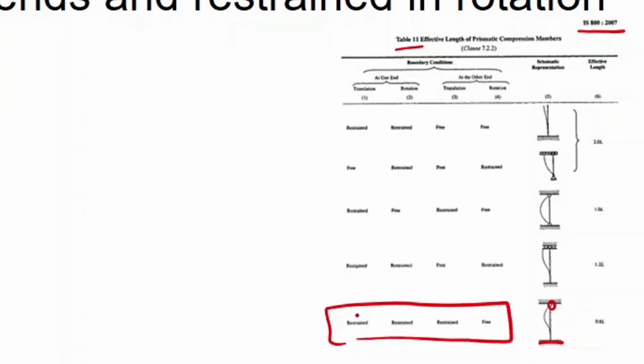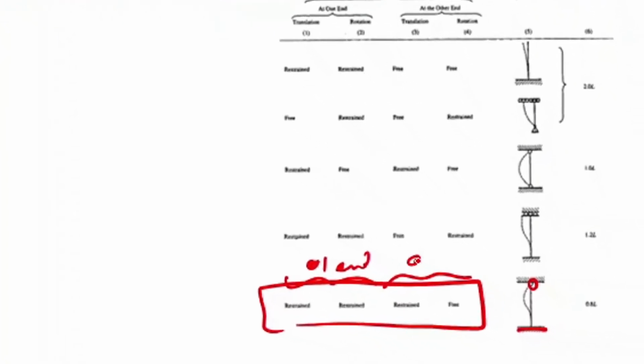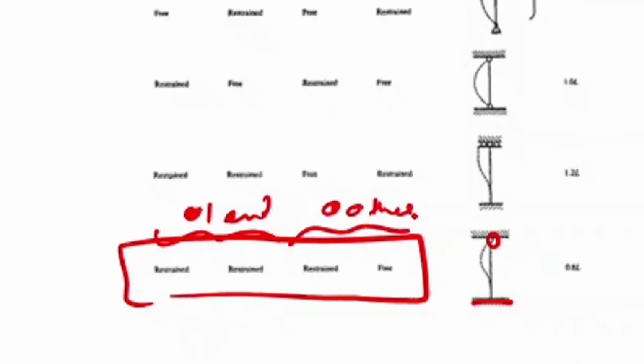So one end is pinned, other end is fixed. For fixed and pinned end condition, if you refer IS 800-2007, table number 11, you can refer this. First indicates the condition at one end and the second indicates the condition at the other end.